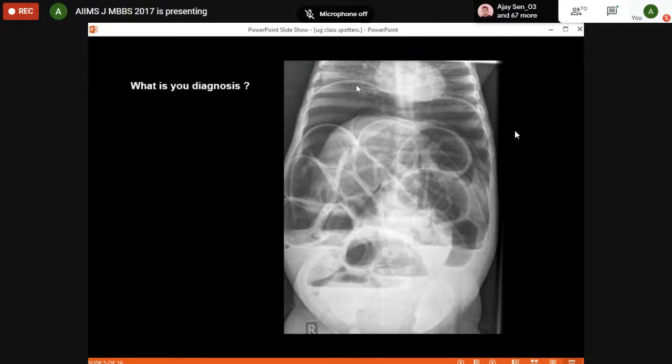These are the two leaflets of the diaphragm, the right one and the left one. Now, if you can see, this is air. Like this much is air. So if you have air inside the peritoneal cavity, what is your diagnosis? Free air within the peritoneal cavity, not within the bowel, but within the peritoneal cavity.